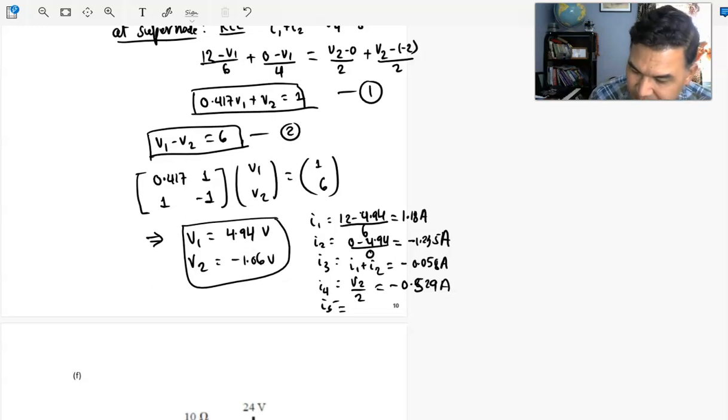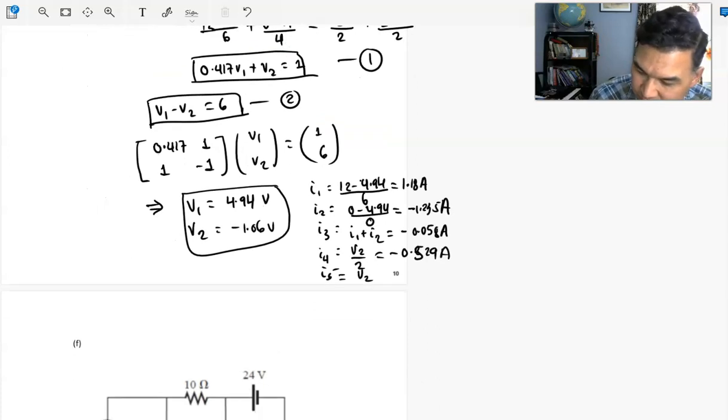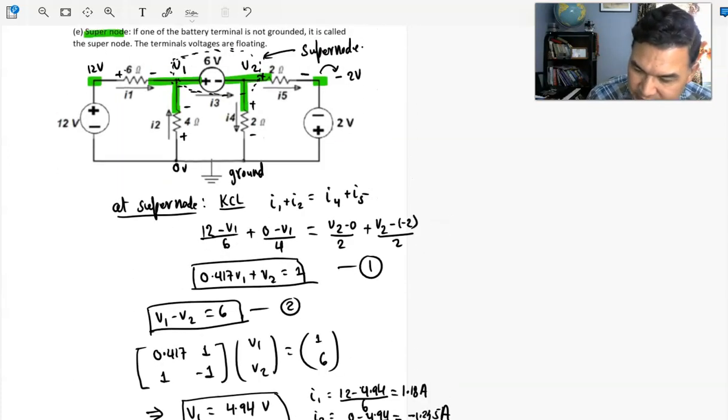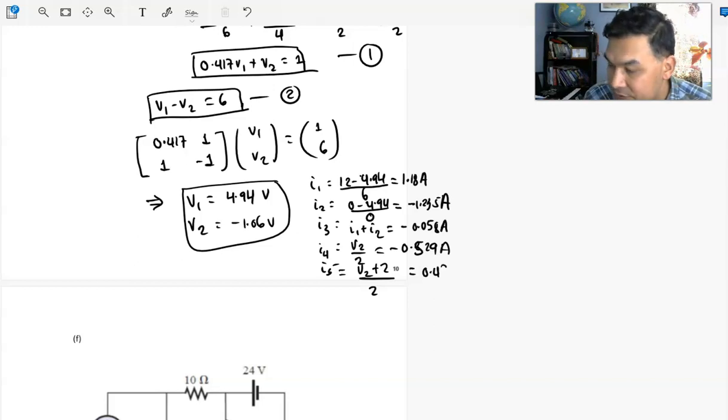And finally, what is I5? I5 is V2 minus negative 2, so V2 plus 2 divided by the resistance, 2 ohm. And that's going to give me 0.471 amp.